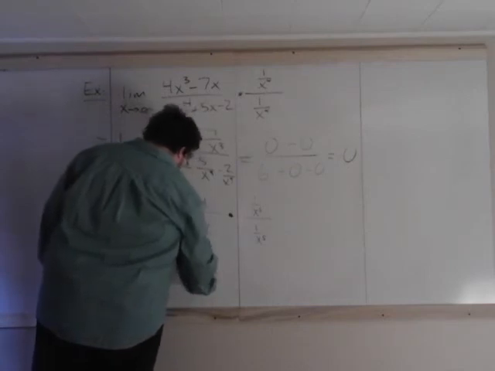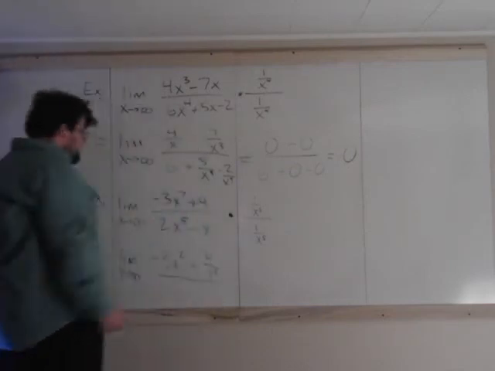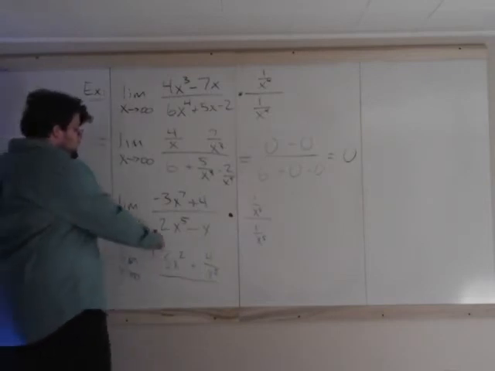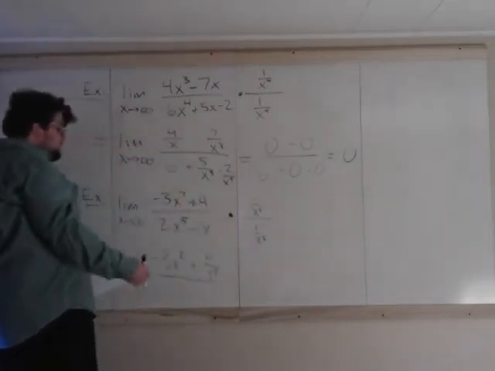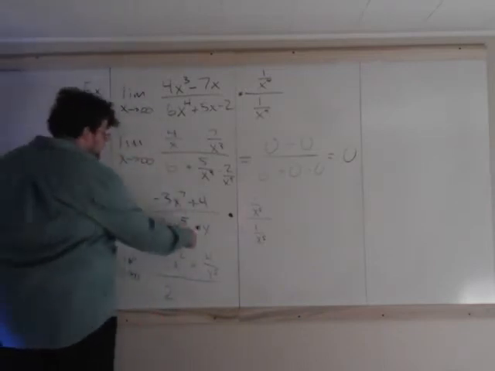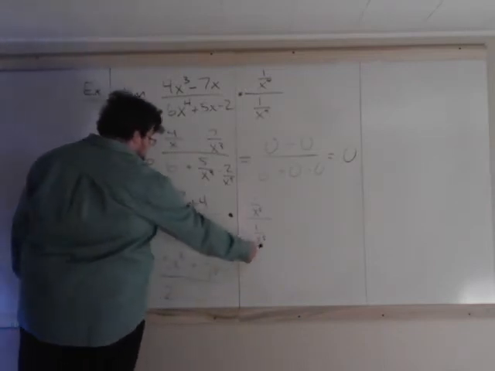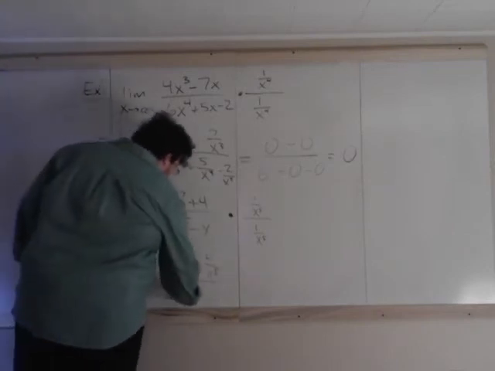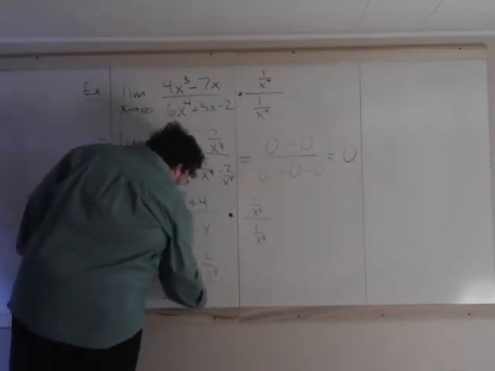None of those x's are going to cancel. Now in the bottom, 2x to the 5th divided by x to the 5th, all of those x's go away. So that's just 2. And then here, negative x over x to the 5th, the negative 1 stays, and so do 4 of the x's in the denominator.